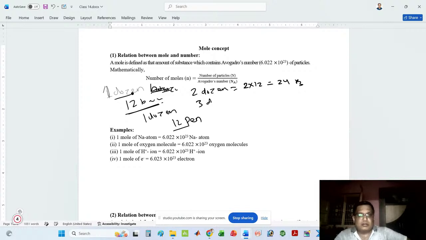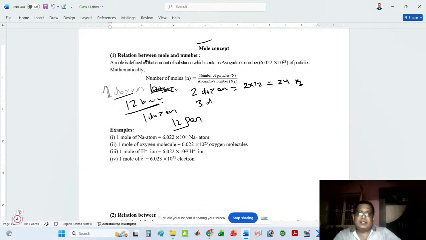Like the word dozen, here also mole is a word which is used for a particular number of items, that is Avogadro's number of items. It can also be converted into weight and into volume.